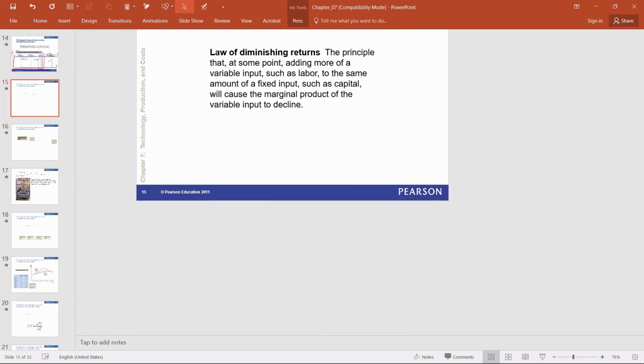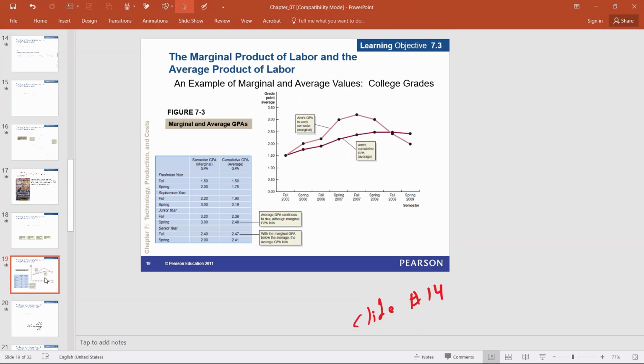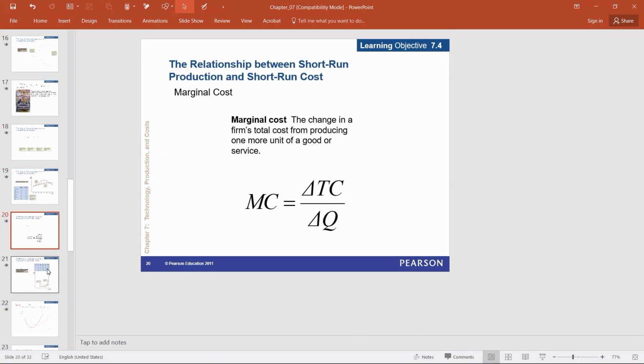So this is what is in this slide. Again, go to slide number 14. So we talked about marginal product and marginal cost, marginal product and average product.